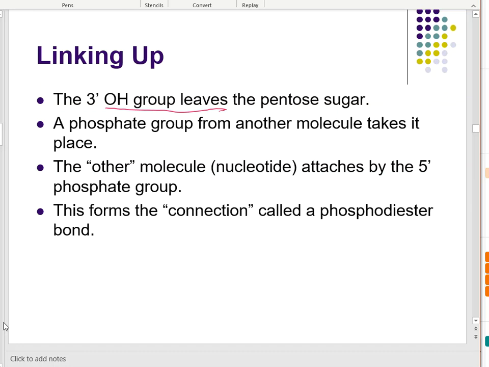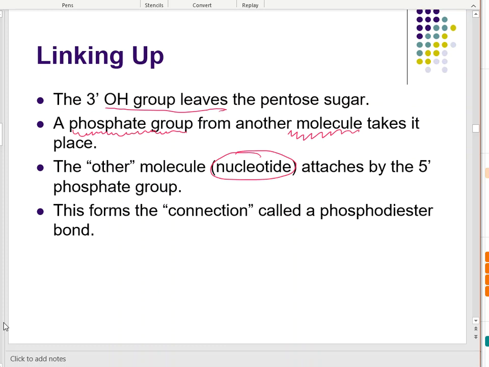And we're going to get a site of attachment that opens up at that spot. What goes there? Well, it's a phosphate group that goes there. And that phosphate group is coming from another molecule. That other molecule is actually, in this case, another nucleotide.